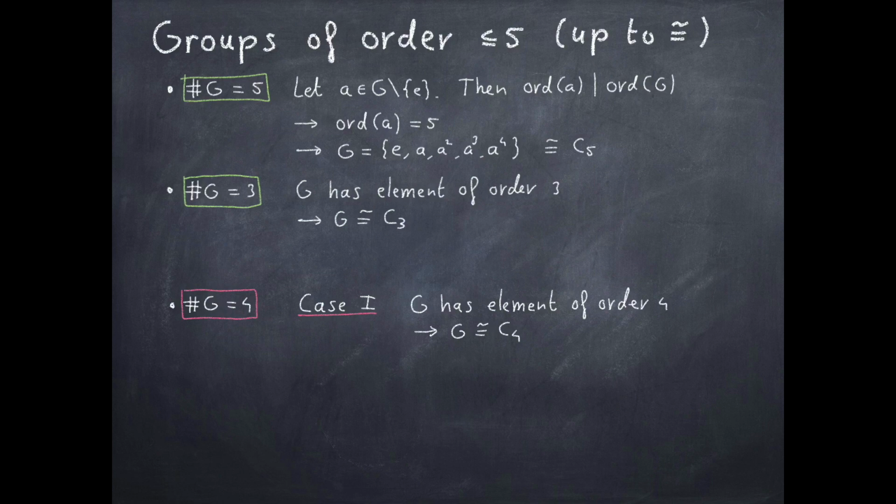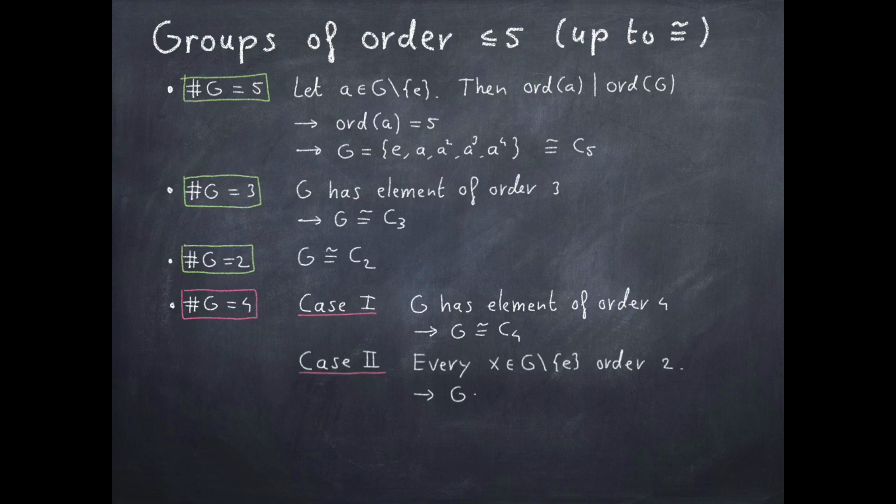In other words, G is isomorphic to the cyclic group of order 3. So there's only one group of order 3 up to isomorphism, and that is the cyclic group of order 3. For groups of order 2, the same kind of argumentation holds. We see that up to isomorphism, there's only one group of order 2, and that is the cyclic group of order 2.